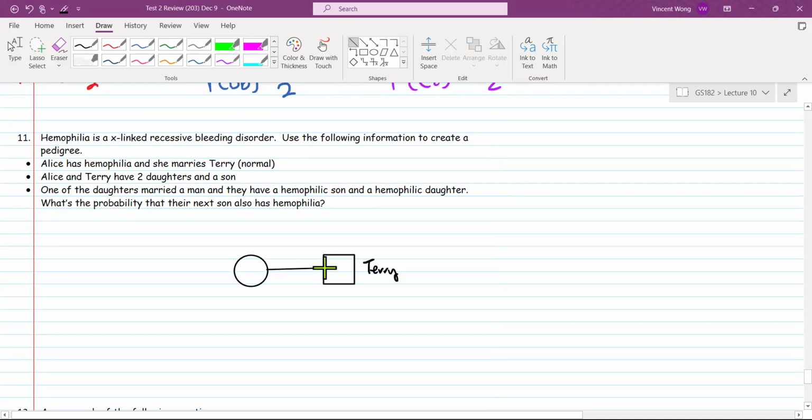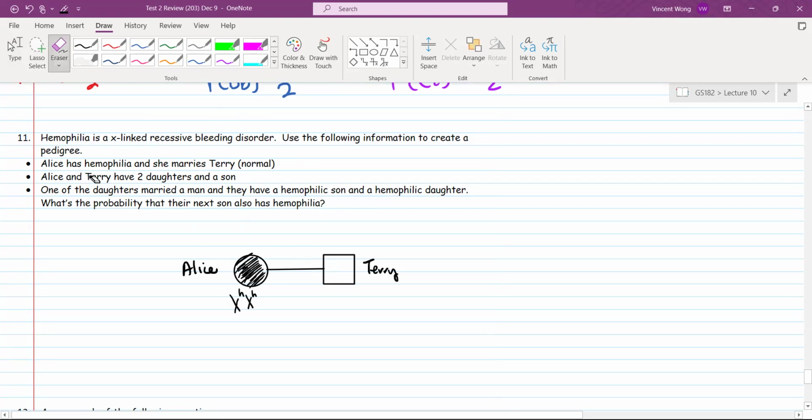So you're going to connect them like that. So she has hemophilia, which means I need to shade her in. And that means she is XHXH. H for hemophilia, right?